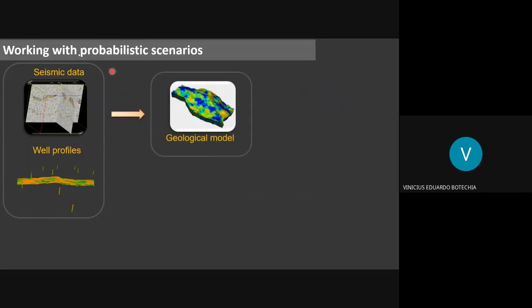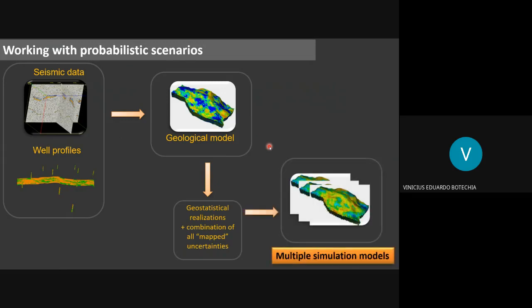If you have, for instance, information such as seismic data or well profiles, use this information to construct the geological model. After the construction of the geological model, you make upscaling, you generate geostatistical realizations, you combine them with known uncertainties, and then you generate the simulation models, multiple simulation models, right? And I'll come back to this later. But just to have a simple idea of how the workflow is.